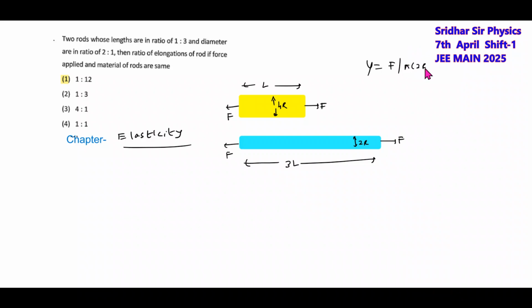For the first rod this will be pi (2r) whole square with elongation L1 by L. This should be equal to, the forces being the same, pi r square, where the diameter is 2r and the radius... with elongation L2 and length 3L. So L2 by L1 will be 2L is to 1, or L1 by L2 will be 1 by 2L. Both are of the same material, that's a condition.